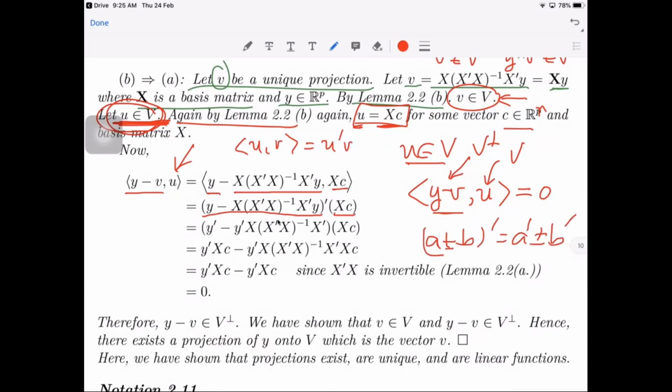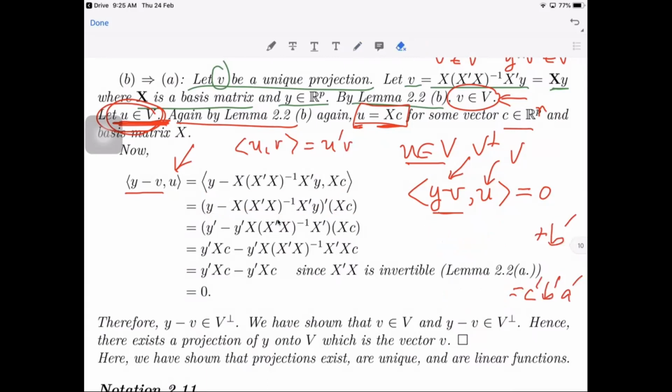That's properties of primes or transpose for linear functions. And then if you have A, B, C prime, you have C prime, B prime, A prime. So applying it here, the prime of this, are you with me? Yes, ma'am.